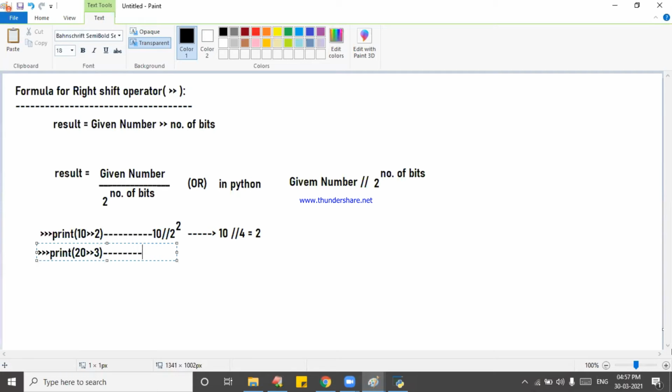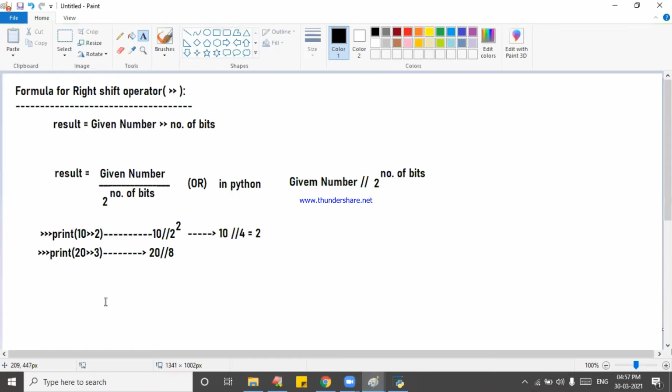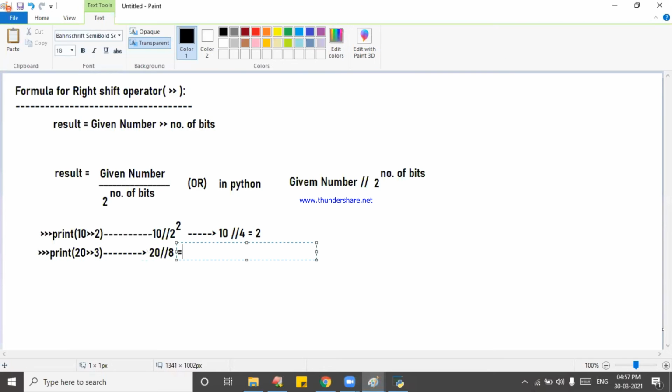Answer please. 2 cube means 8. 20 by 8, how much is the answer? 2 is the answer.